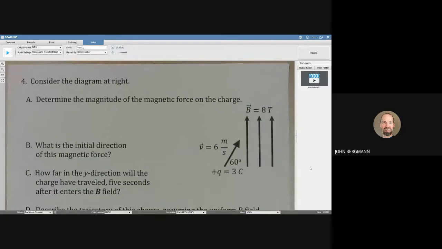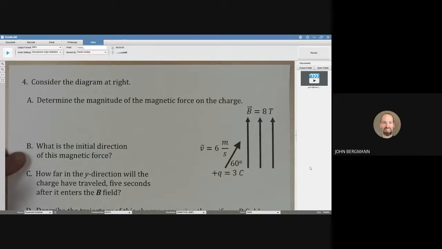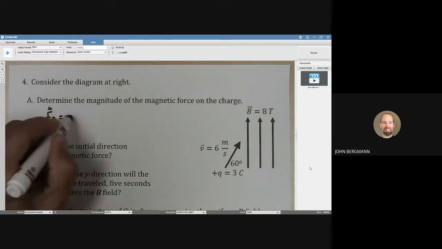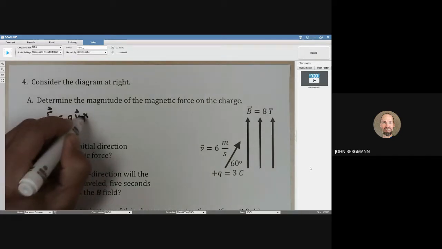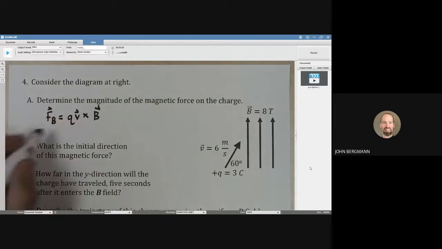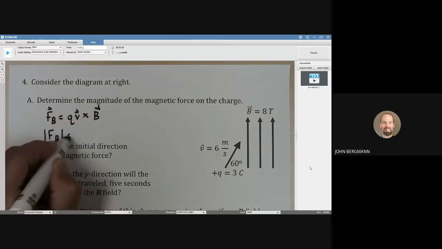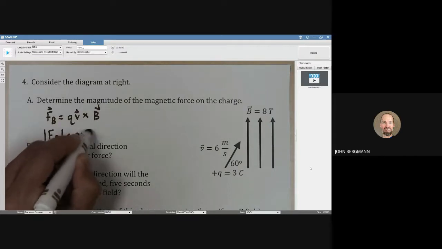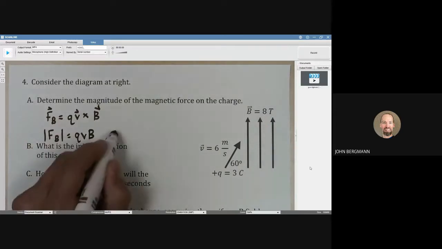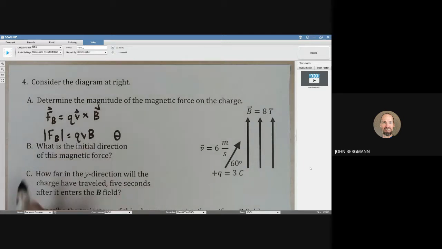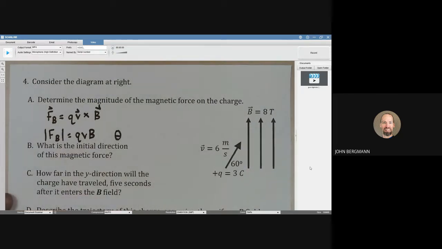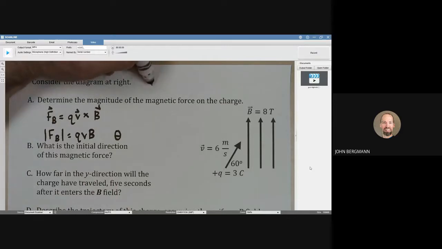Consider this diagram here. Determine the magnitude of the magnetic force on the charge. We've gone through that the cross product equation looks like that, which means that the magnitude of Fb is given by QVB, and then let's see, is it sine or is it cosine of theta? The way I remember is that this is called the cross product, which has a C in it as a starting letter.